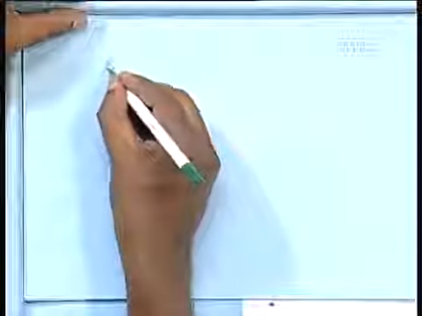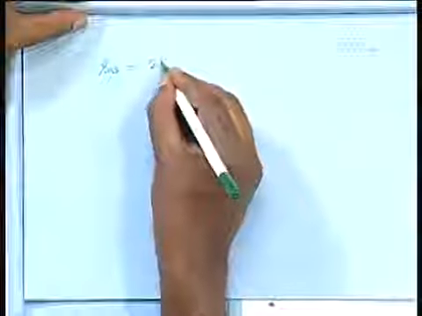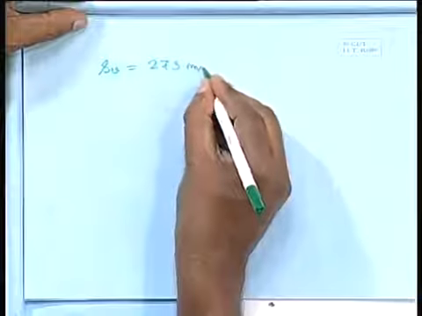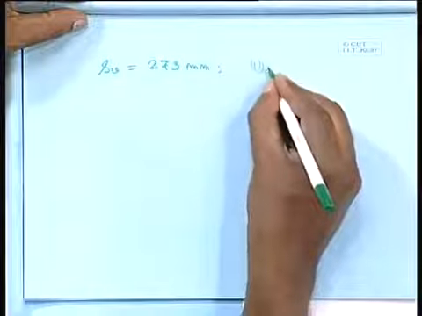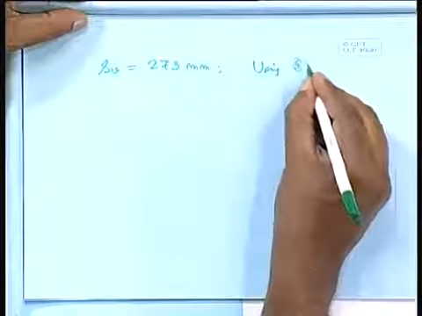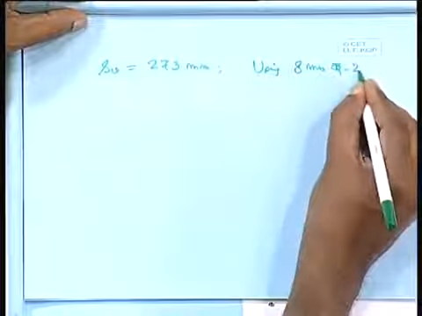So, let us write down the spacing Sv, 273 millimeter, and we are using 8 mm Tor two-legged.